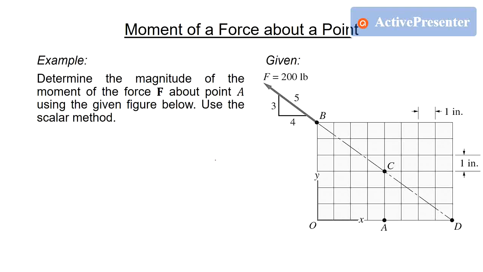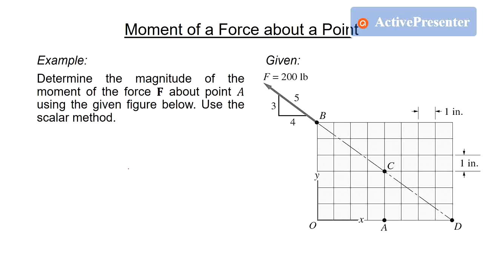So using the scalar method, if we use directly M equals force times distance, we don't have the distance here, right? We don't have that distance. So in this type of problem, it's easier if we express the force into its coordinate or rectangular components. Why?